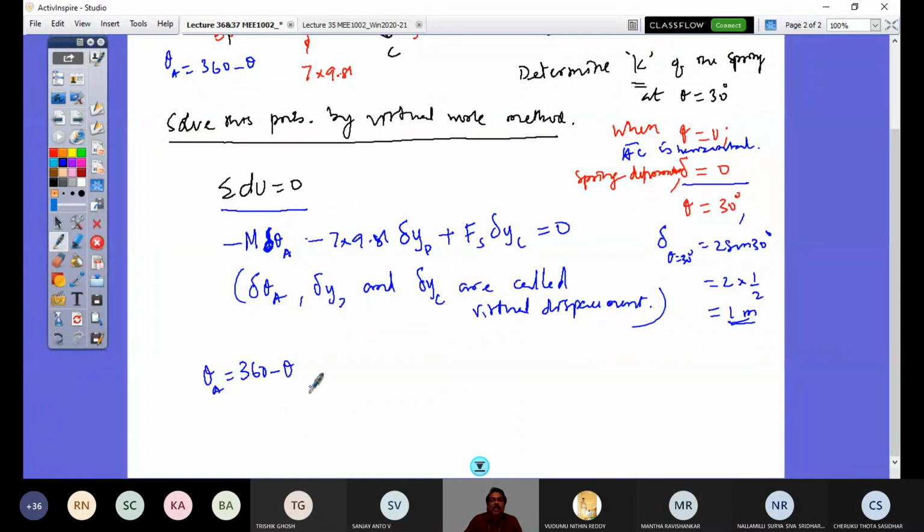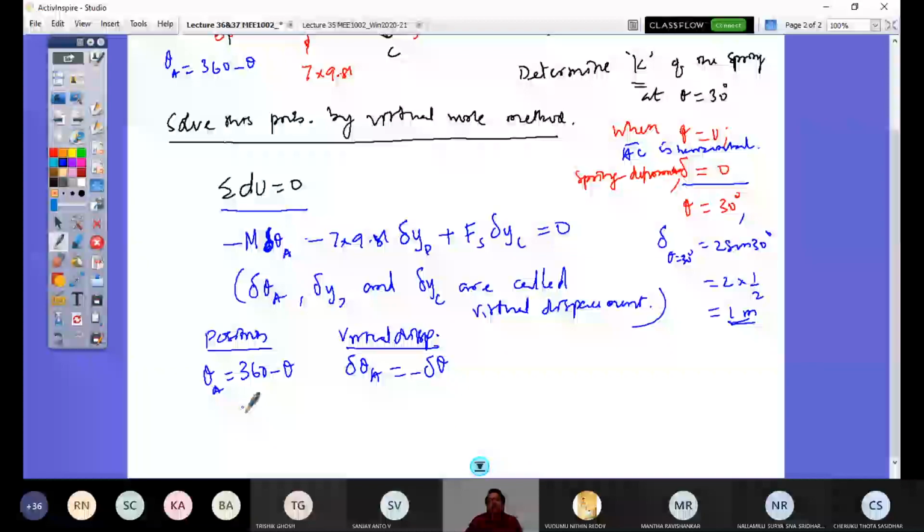Now delta theta A is the virtual displacement. So this is position, which can be linear or angular, and this is virtual displacement. Delta theta A would be minus delta theta because 360 is constant. So this is the virtual displacement.